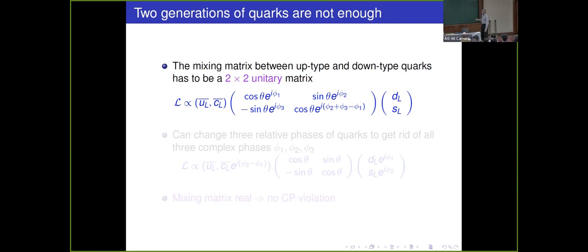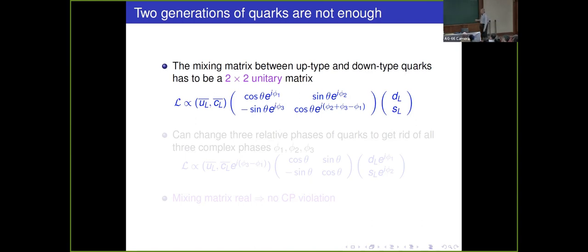So this has to be combined, these two have to be related with a most general unitary matrix, which has one angle and 3 phases, phi1, phi2, and phi3. So trust me that this is the most general 2x2 unitary matrix that you can write down.